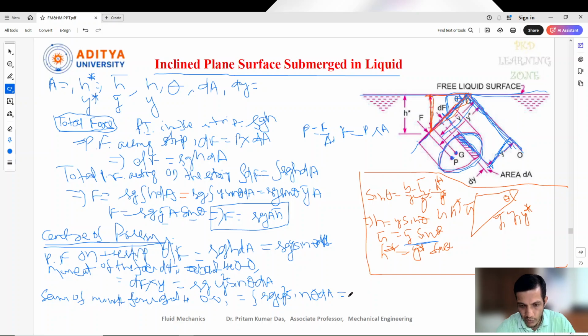Again we can write rho g, take it outside, and sin theta also you can take outside, and here we can write y square dA.